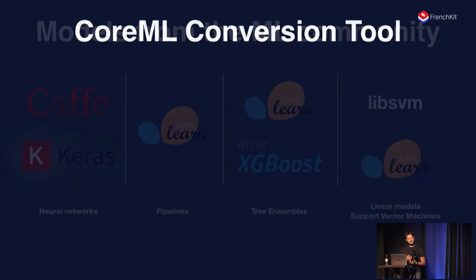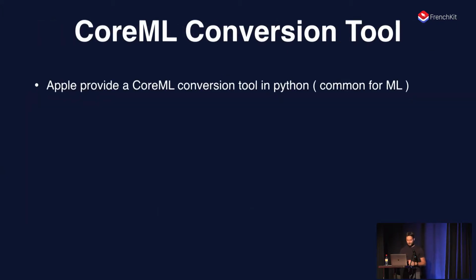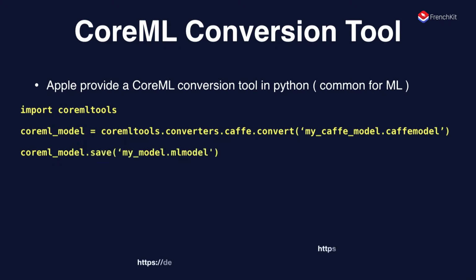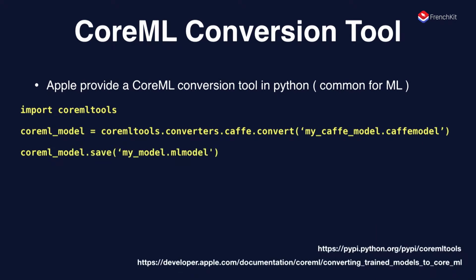Apple is kind enough to provide you a conversion tool, which is in Python, as is common for machine learning stuff. All you have to do is import the library and call the converter related to your model type. So here we have a Caffe model, for example, and you just call the save method on your ML model. It does all the conversion for you.